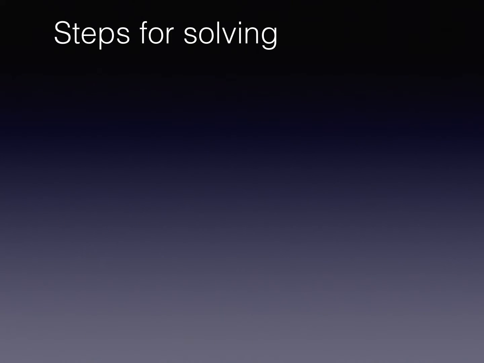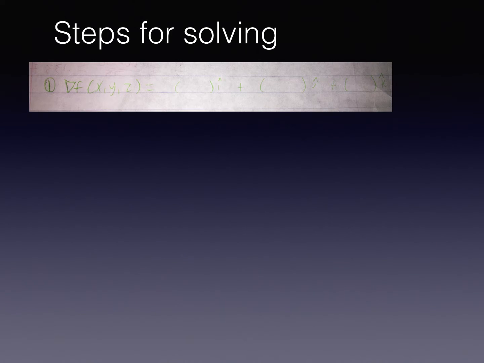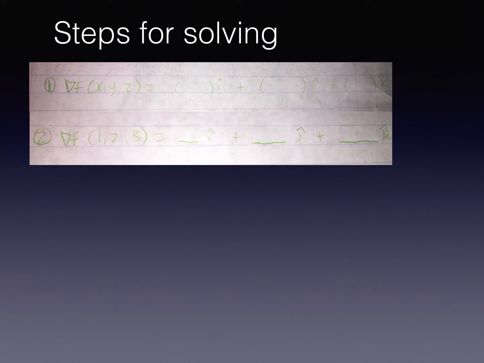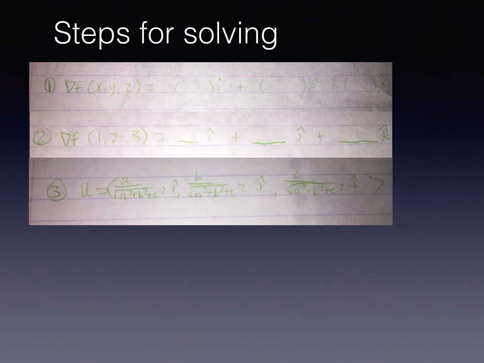When I do these problems, I like to solve them in a certain way. When I set up these problems, the first step is to find each partial derivative in terms of i, j, and k. The next step, I like to plug in the points. For example, if they give us the point 1, 2, 3, then I'll plug in those numbers 1, 2, and 3 into my partial derivatives.